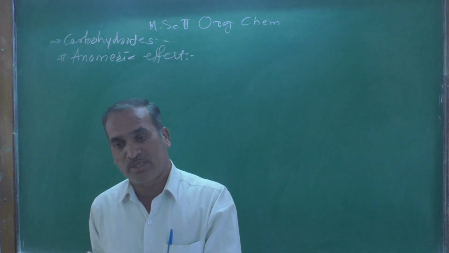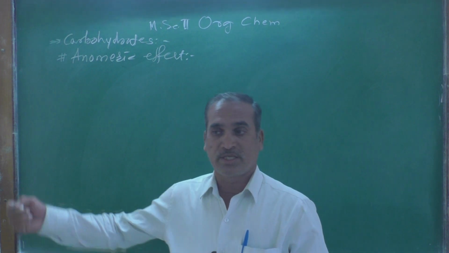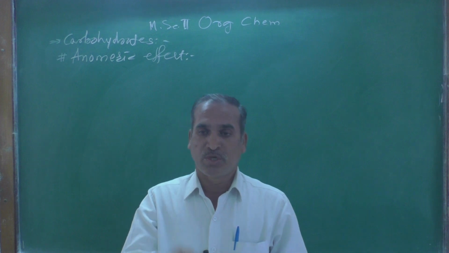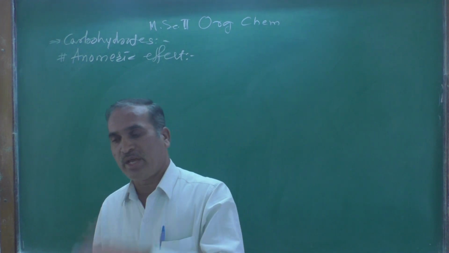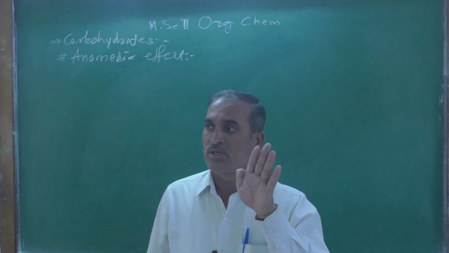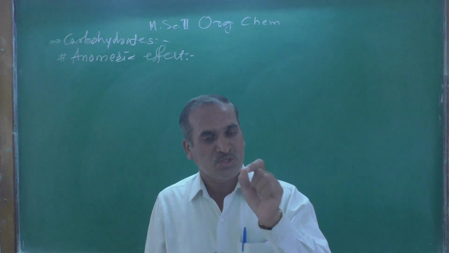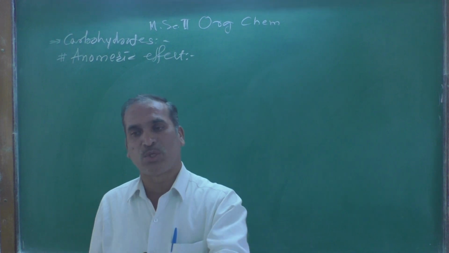Alpha form of D-glucose and beta form of D-glucose: we know that the hydroxy groups lying on the right hand side were used when the Fisher projection formula represented the open chain of D-glucose.